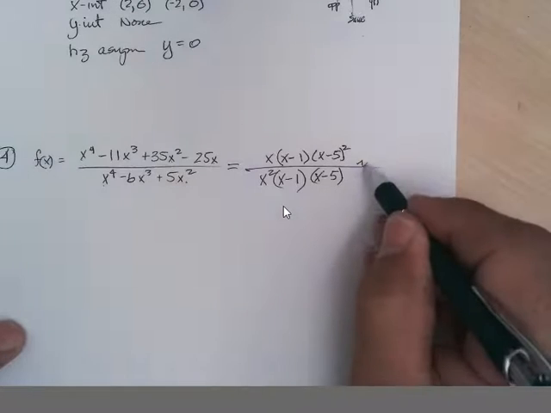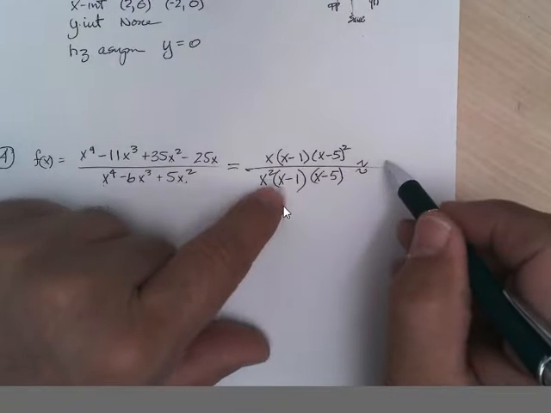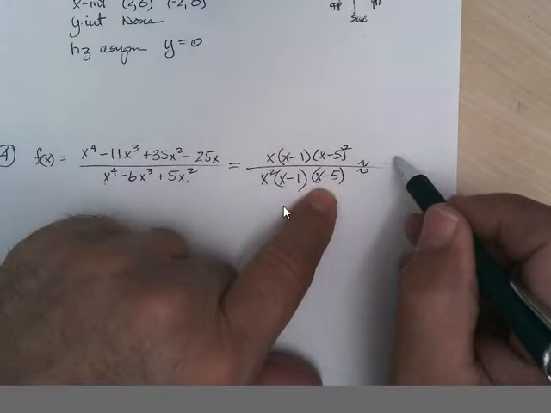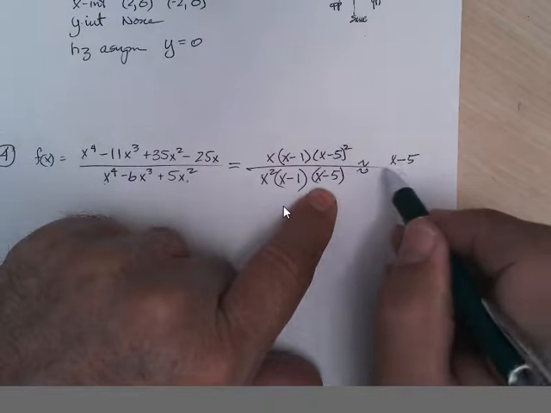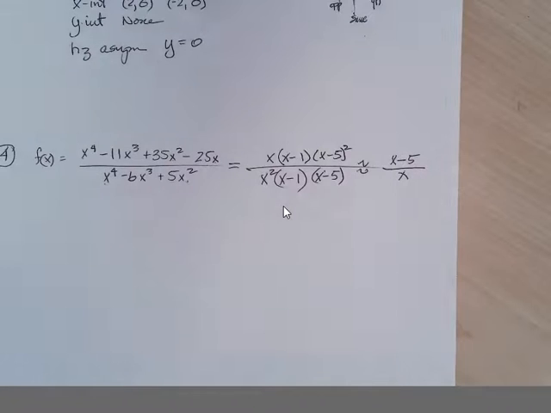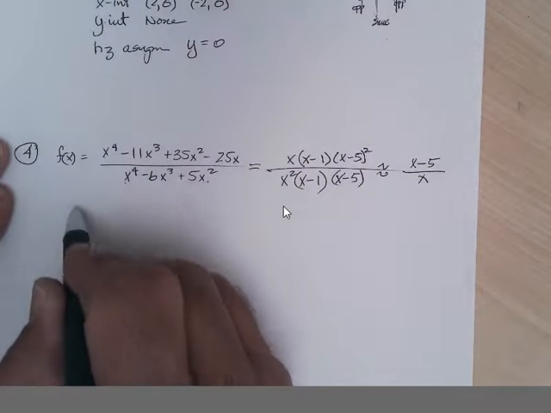This is similar to one of the x's would cancel, the x minus 1's cancel, and one of the x minus 5's cancel. So I would have x minus 5 over x. All right. So, holes.